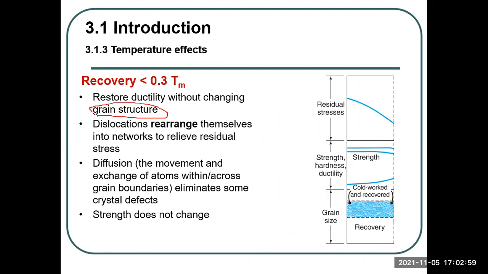At this stage the grain structure doesn't really change, but the dislocations start to rearrange into a network, which starts to reduce the residual stress. There is diffusion that eliminates some of the crystal defects, but in general they just remove some of the small defects, and the grain size hasn't changed. That's why the strength doesn't really change.